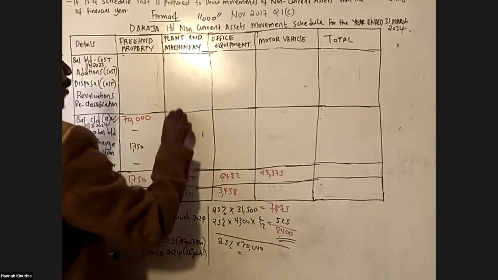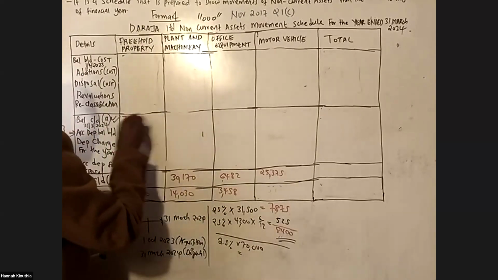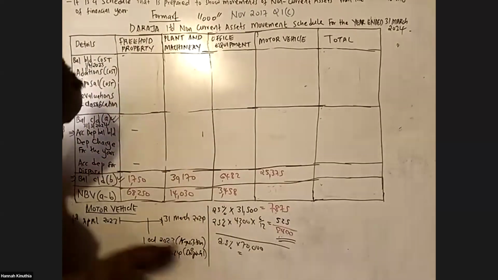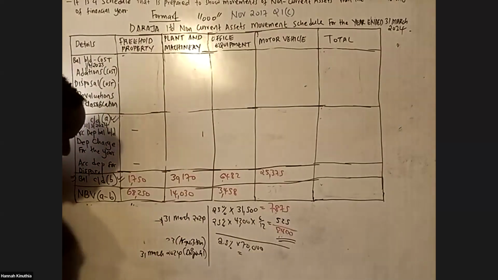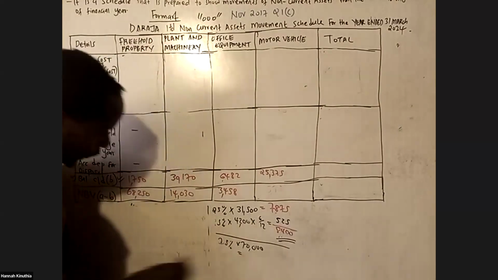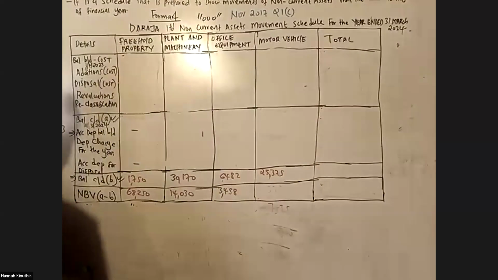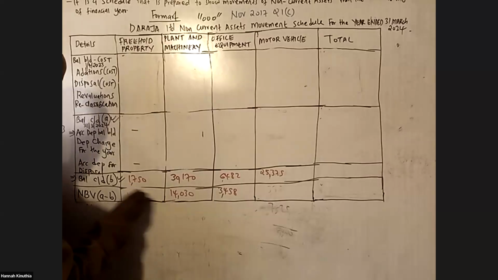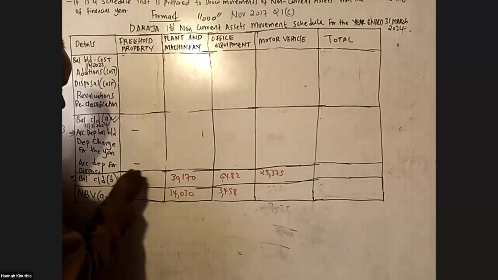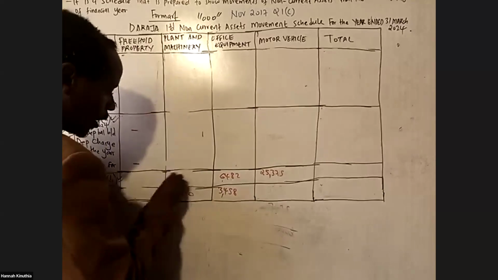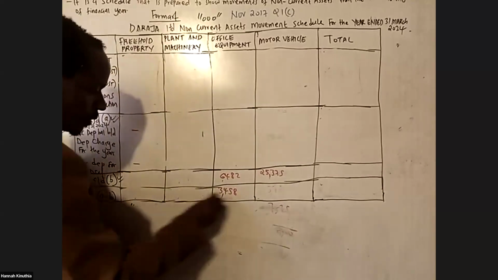So give me the cost. We start with freehold. But before we continue, we need to check the date at the beginning and the date at the end of this financial year. When does it end?